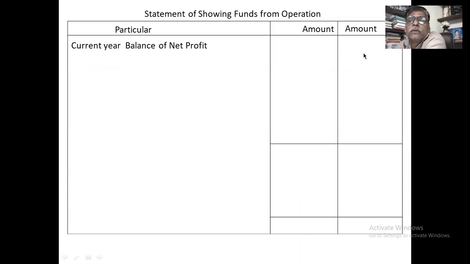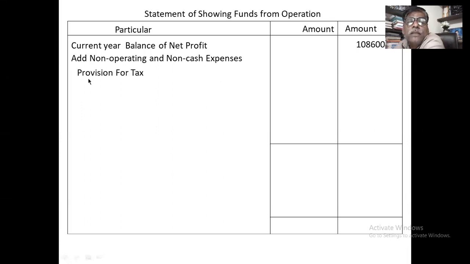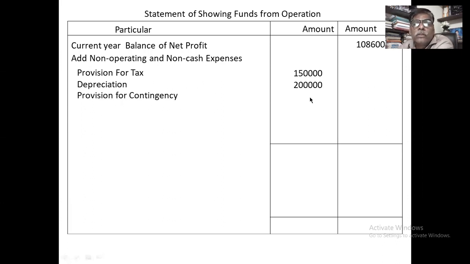Current year balance of net profit is 10,86,000. This is in the income statement. Add non-operating and non-cash expenses. First is provision for tax, 1,50,000. Next, depreciation is 2 lakh. This is also non-operating. Then provision for contingency 10,000.